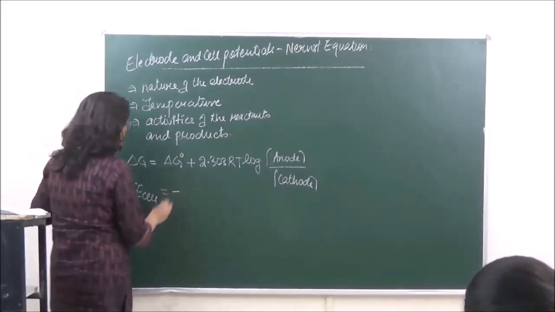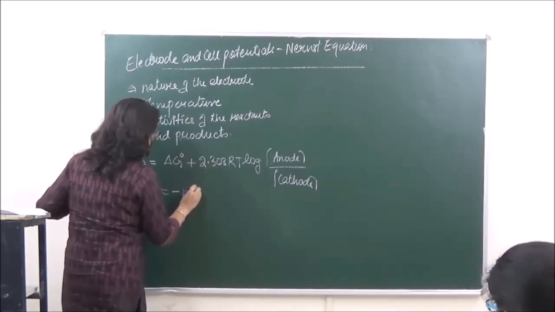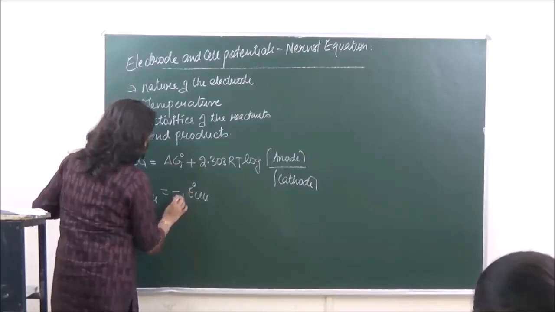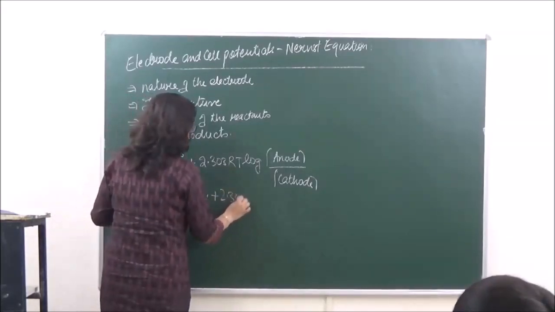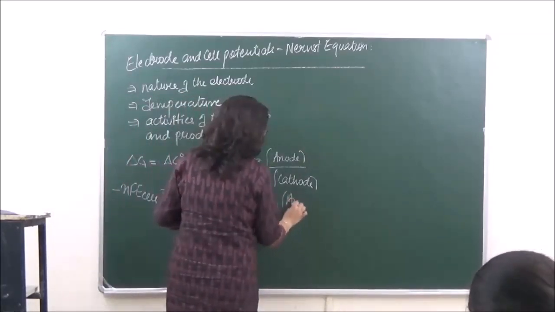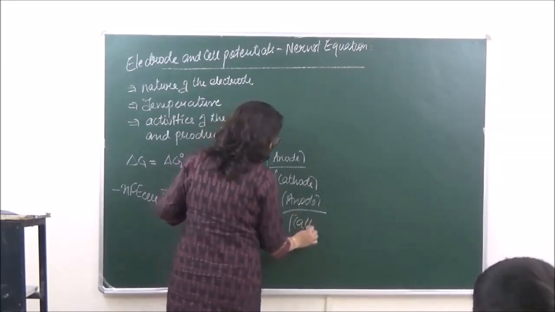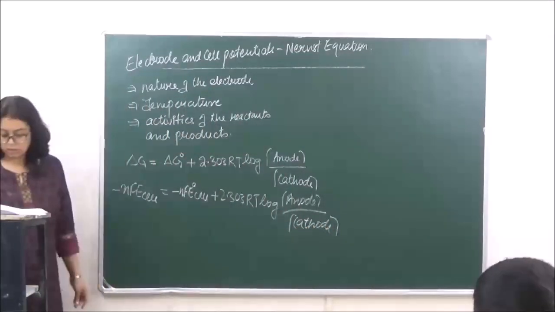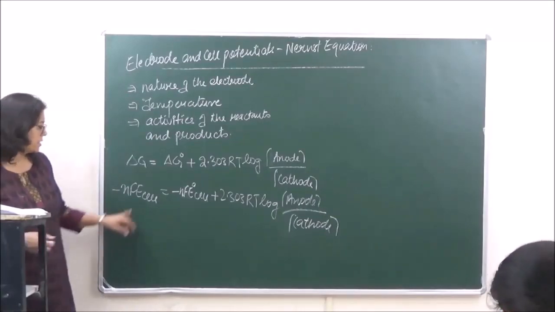And delta G naught will be equal to minus NFE naught cell, so minus NFE cell equals minus NFE naught cell plus 2.303 RT log of concentration of anode upon concentration of cathode. Okay. Now solving this, what will we get?